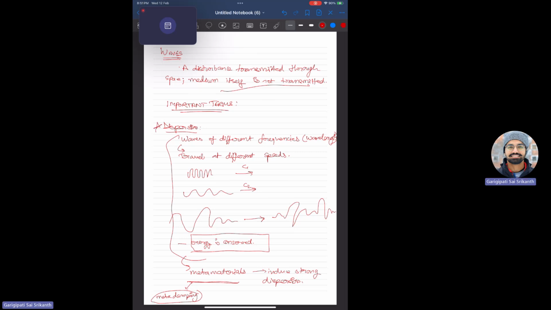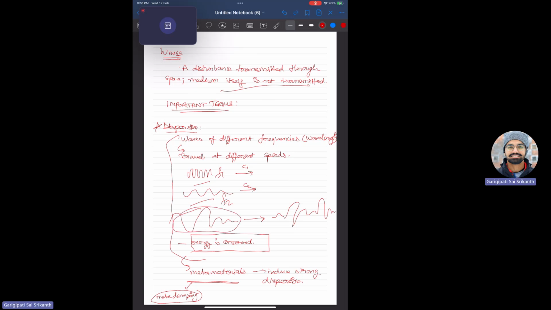And some important terms like dispersion. So we have two waves of different frequencies, let's say F1, F2. Both tend to travel at different velocities, C1 and C2.